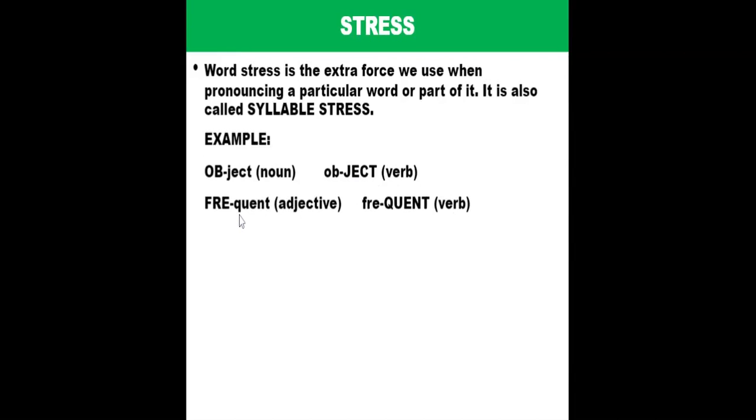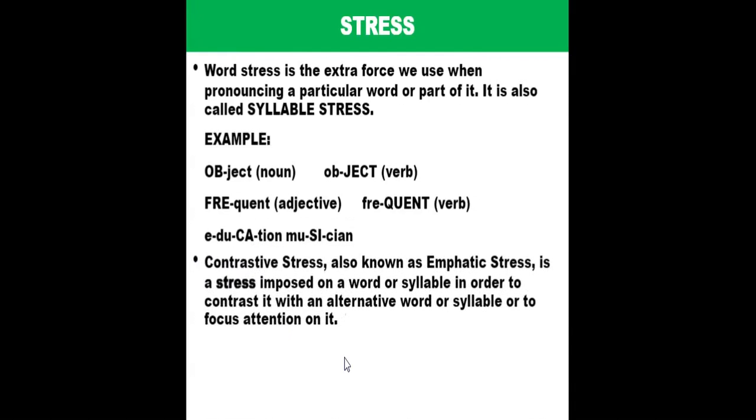Now you have the word frequent, adjective, frequent, verb. Then you have education, musician. Okay? For words that end in certain suffixes, stress is on the second syllable to the end of the word. Okay?